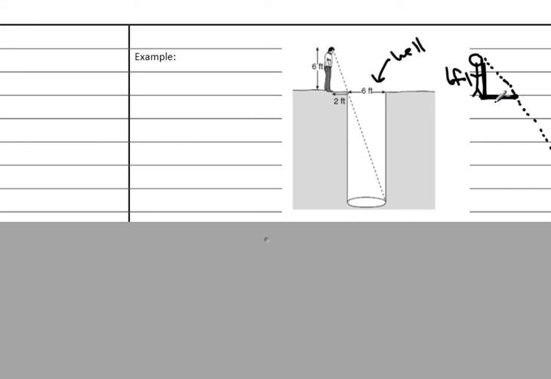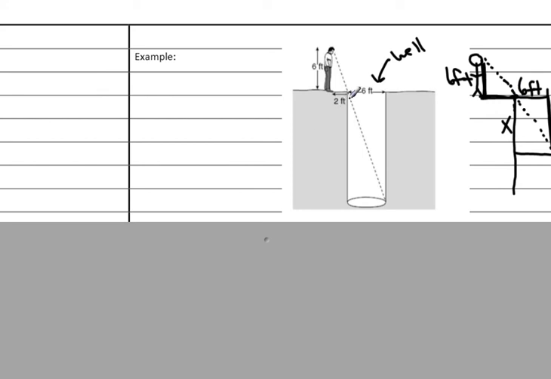He's looking down a well. And as he looks down, we see that this distance across the well is 6 foot. And the question I want you to answer is, how deep is the well?